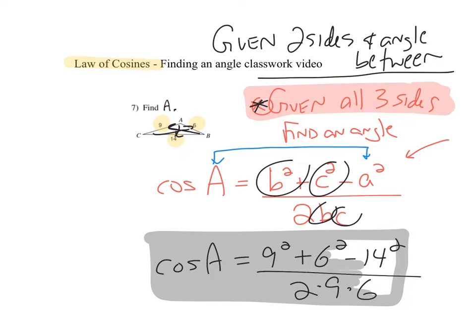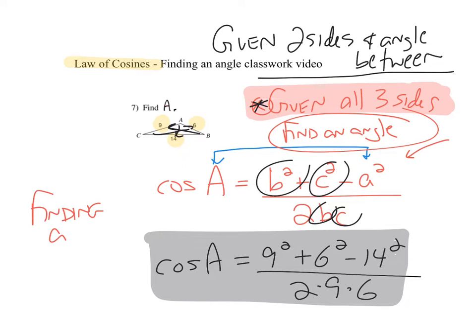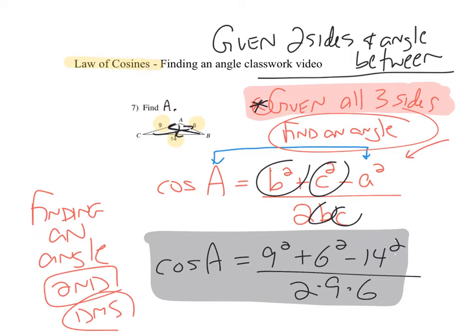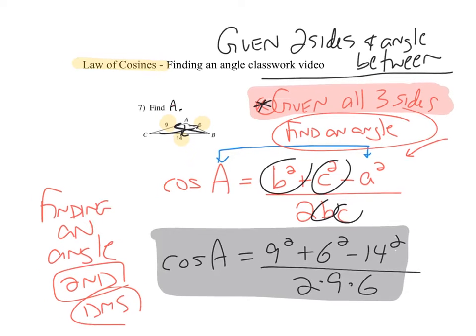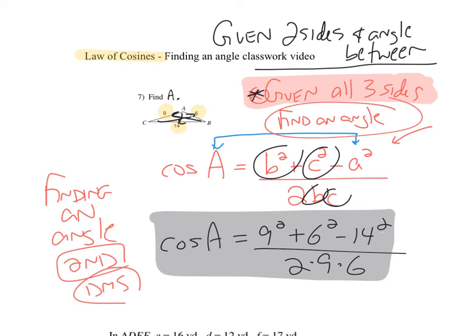Now remember what's going on here. Here we are finding an angle. And the two things you have to remember when you're finding an angle is you always press the second button first, and then you have to DMS your answer. So on our calculator, we're going to be pressing the second button and then cosine.